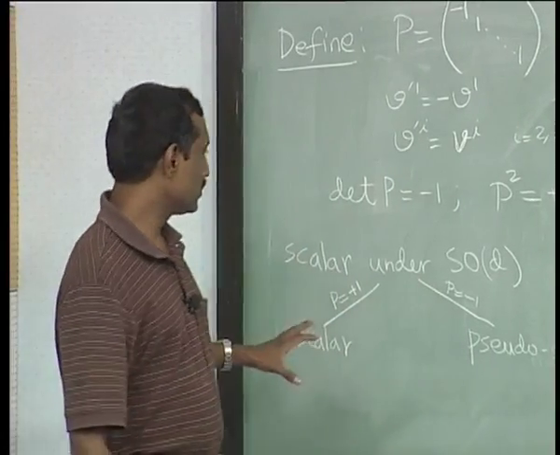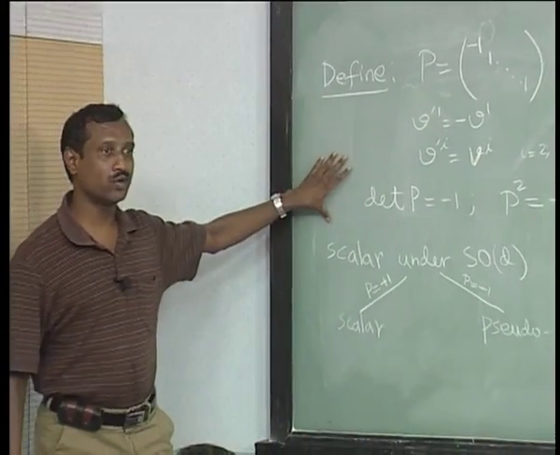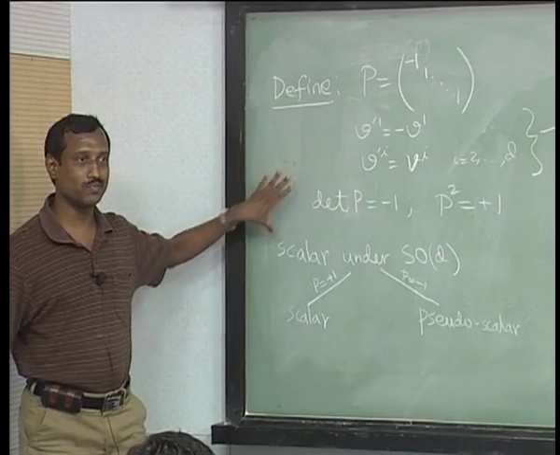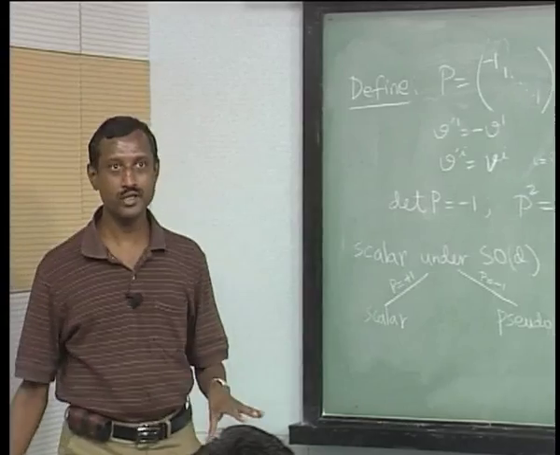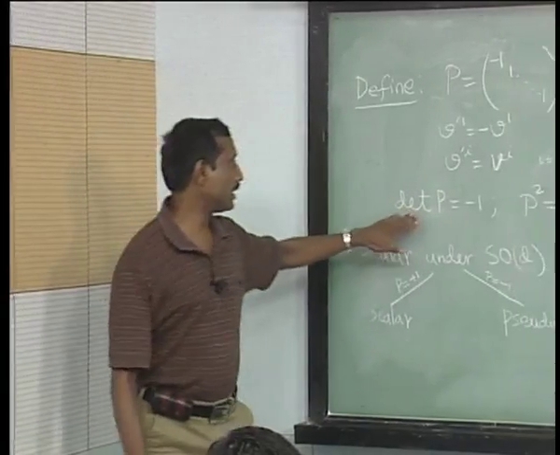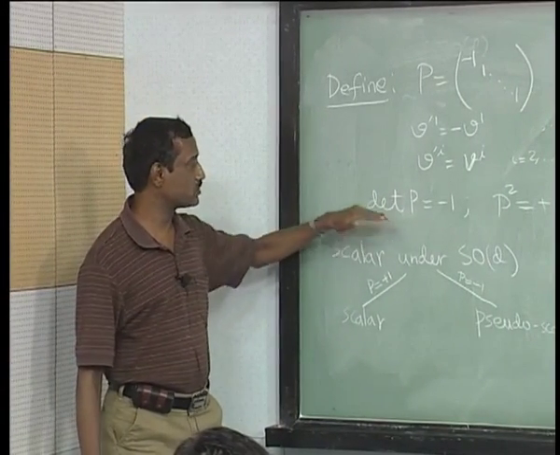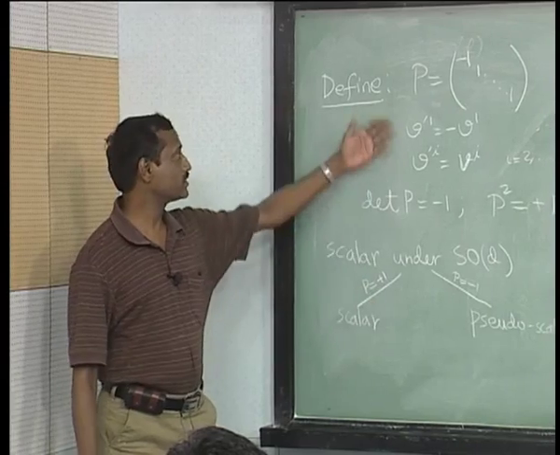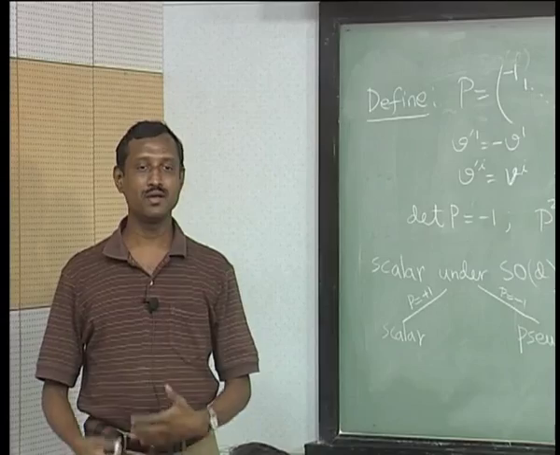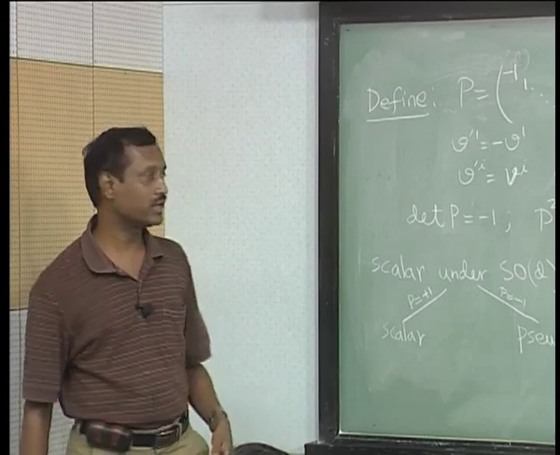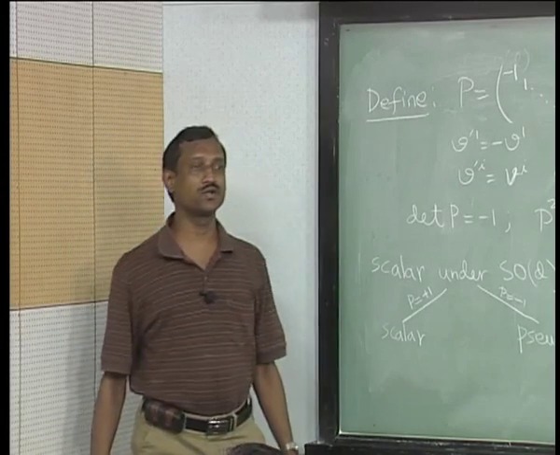Okay. So, you can see that you do worry about the full orthogonal group, but you separate out the part which is the special orthogonal, and the part of the orthogonal group which is not special orthogonal is just one element, because you can convince yourself that any determinant -1 matrix can be written as P times a special orthogonal matrix.